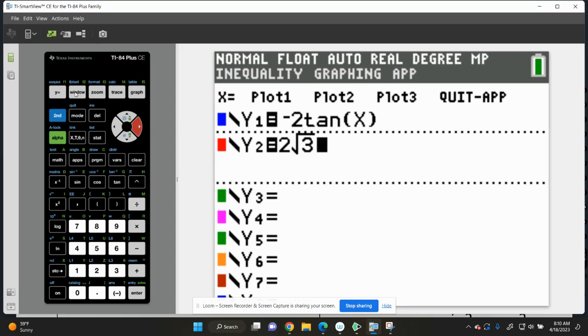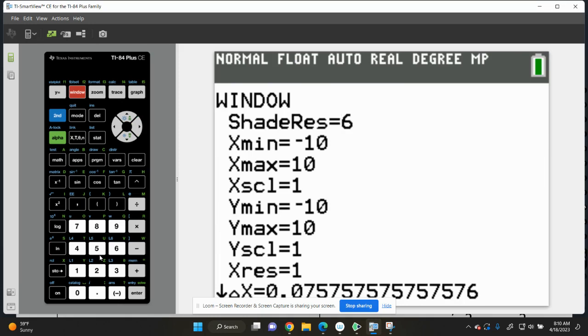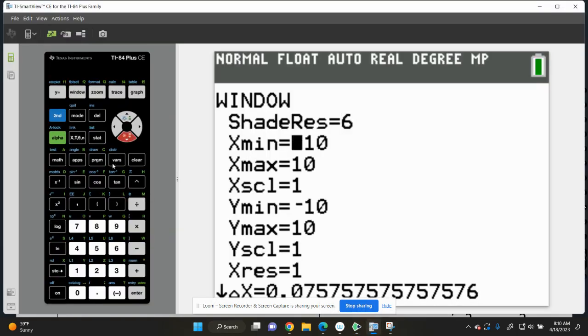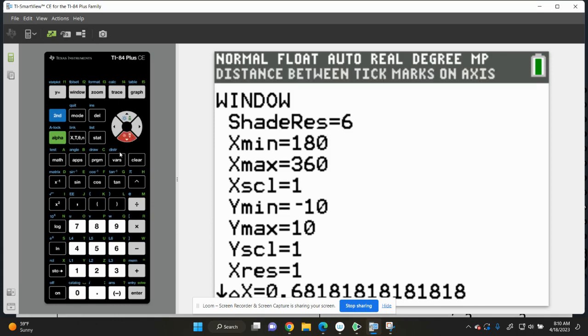I'm going to set my window. It said that my x value has to be between 180 and 360 degrees. So I'm going to set it like that. 180 is the minimum. 360 is the maximum. And for a scalar, let's do 30 degrees for a scalar.